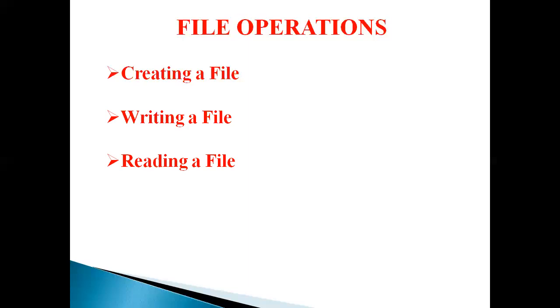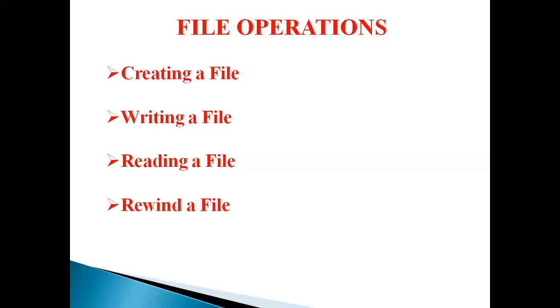When it receives the name of the file, the operating system searches for this file in the device directory and performs the read operation. For example, I want to read a particular file. Then first I will search whether the particular file is present on the disk or not. If the particular file is available on the disk, then only can I do the read operation.